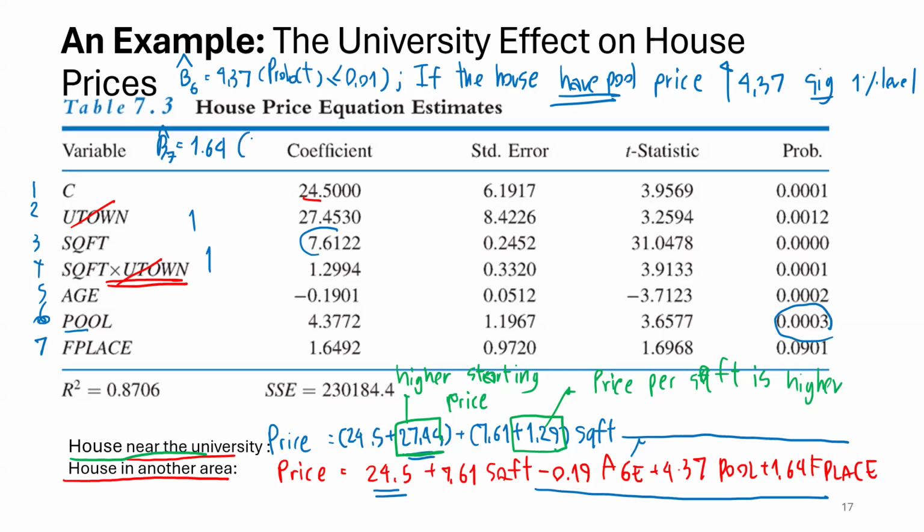It's 0.09, so it means significant at the 10% level. Good. Yes, this is the real meaning.